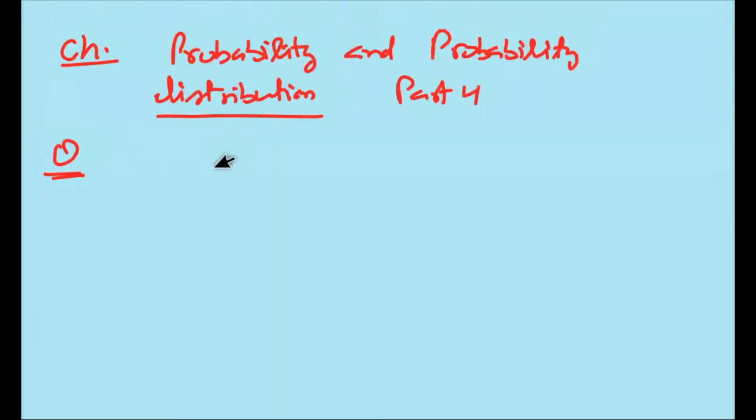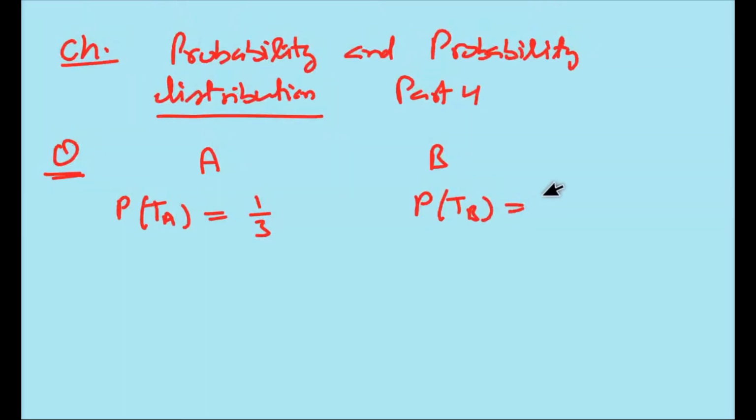If there are two speakers A and B, A speaks true with probability 1 by 3, and B speaks true with probability 1 by 4.